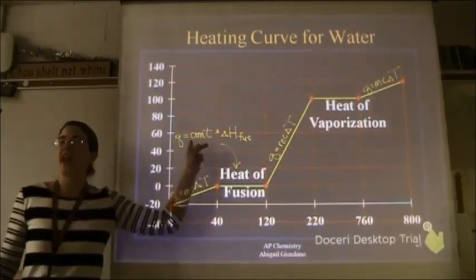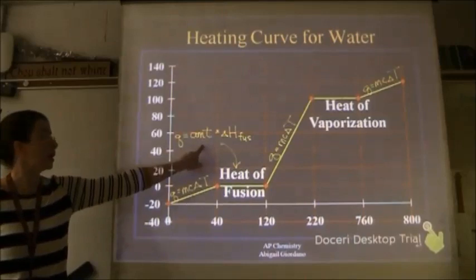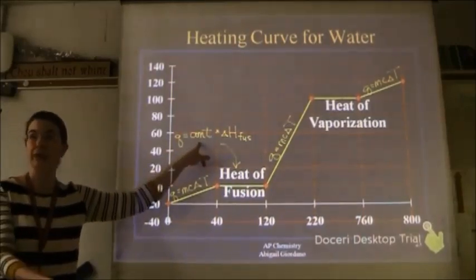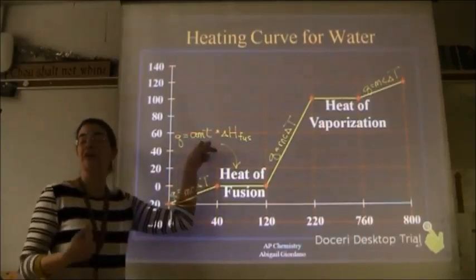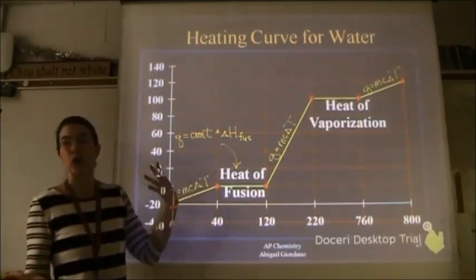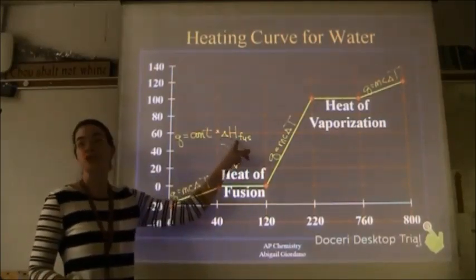The reason I say amount is because sometimes what you would plug in there would be a mass in grams. Other times, it would be a number of moles. How do you know? It depends on the units given to you for this.